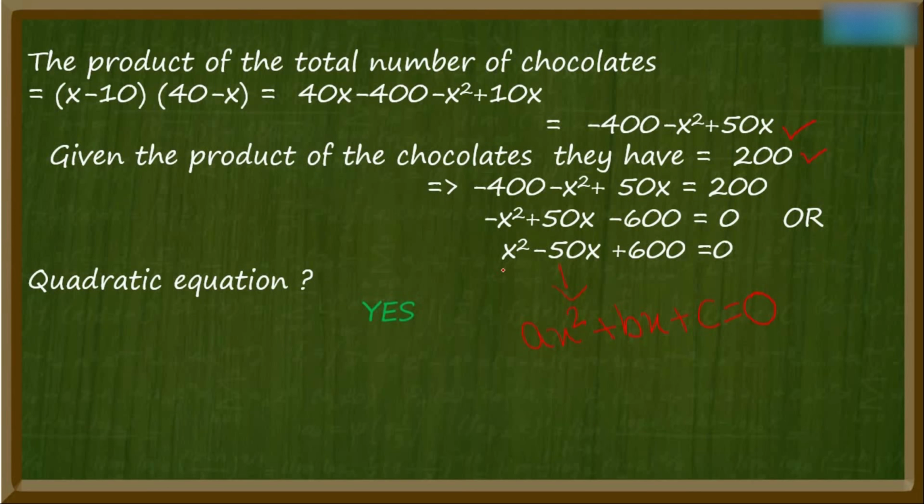If initially Amar had x chocolates, the value of x which we get after solving this quadratic equation will satisfy x square minus 50x plus 600 equal to 0. That is, if we put the x value in this equation, we get 0. Mathematically, this is how we represent the problem.